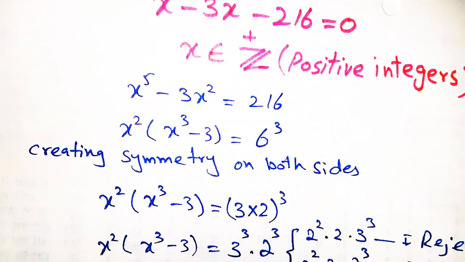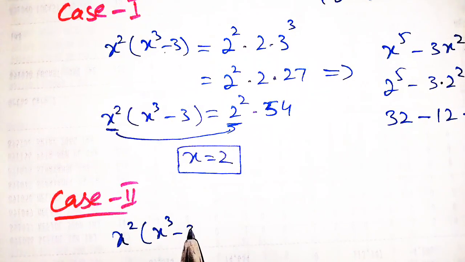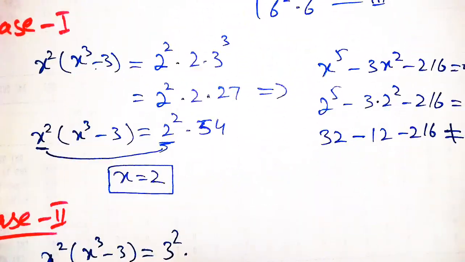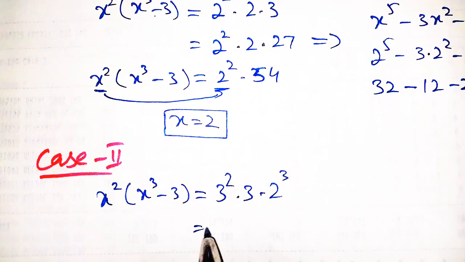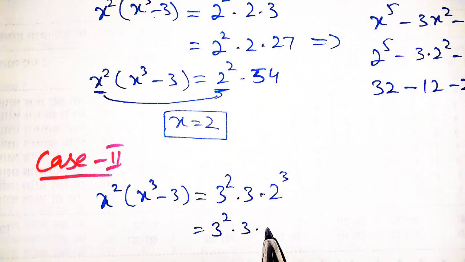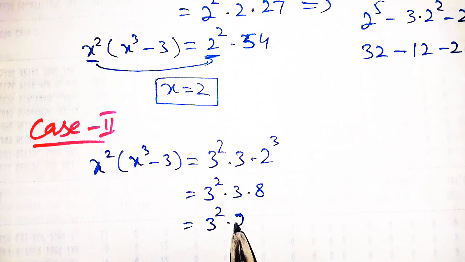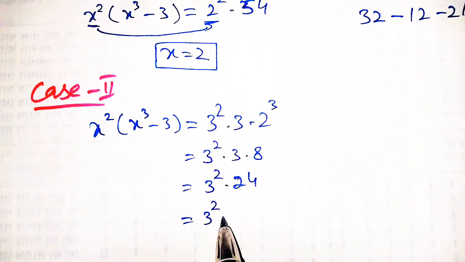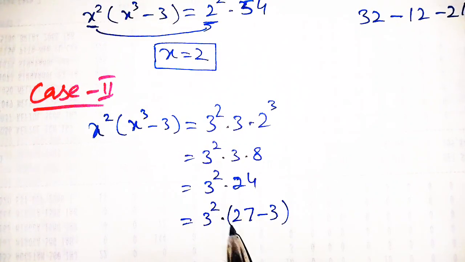Now for the second case, we will use the second factor pair, that is 3 square times 3 times 2 cube, and now the given equation will become x square times x cube minus 3 is equal to 3 square times 3 times 2 raised to power 3. Now we can write it as 3 square times 3 times 8, and it will become 3 square times 24, and now we can write it as 3 square times 27 minus 3, which is equal to 24.